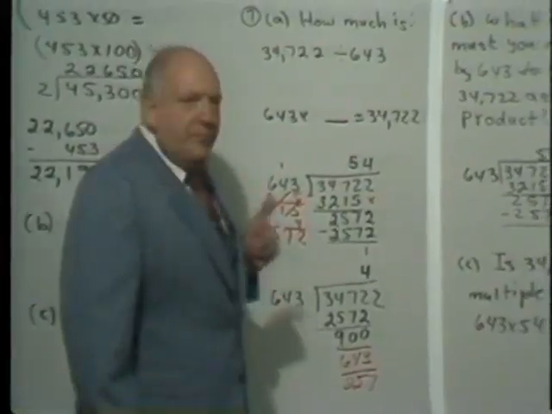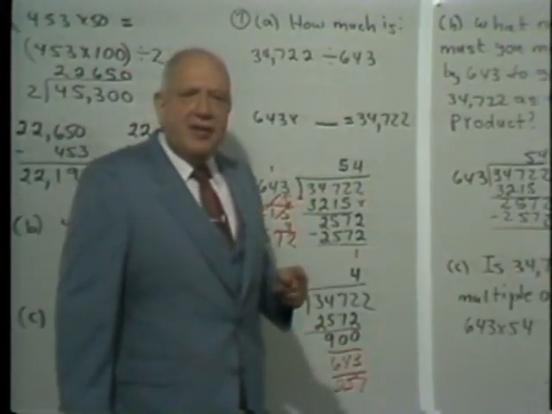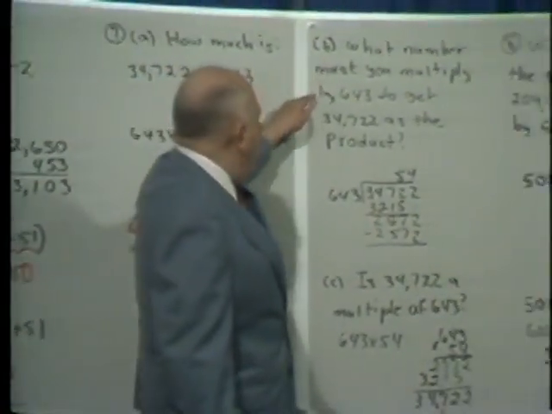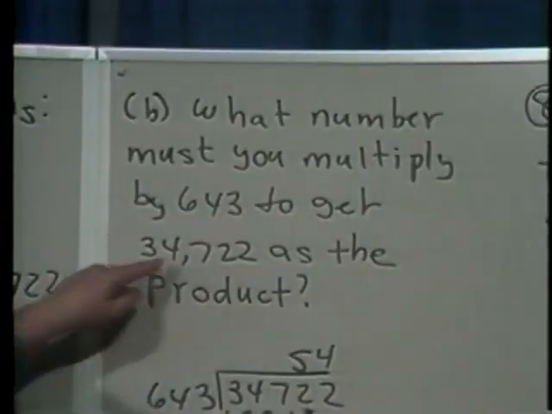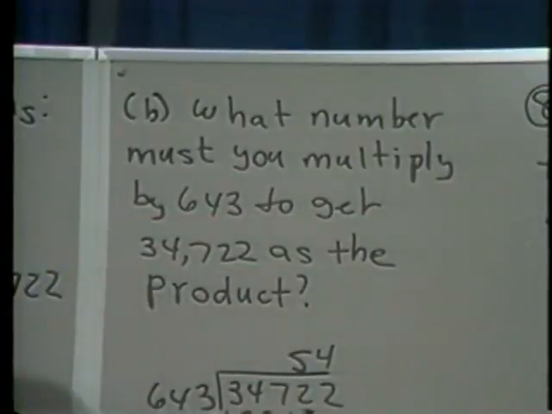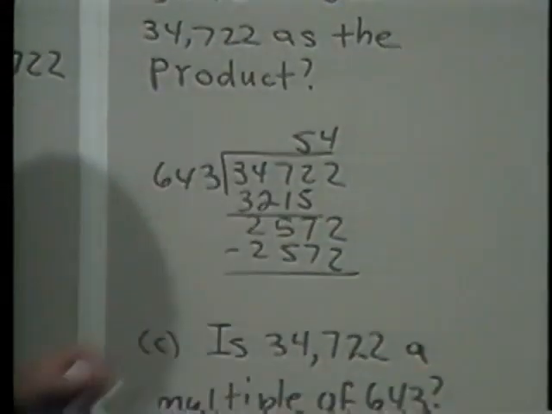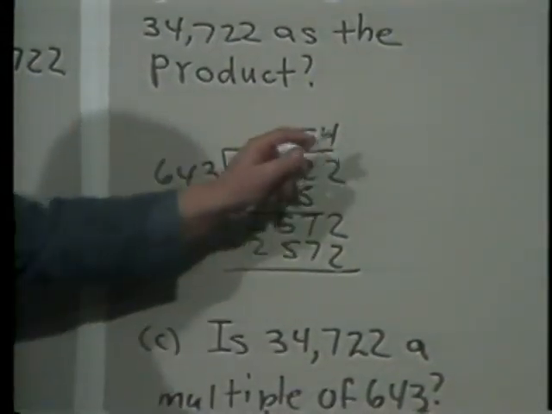Now, part B is just a rewording of part A. Part B says, what number must you multiply by 643 to get 34,722 as the product? Well, in problem A, we showed that 643 goes into 34,722 54 times.